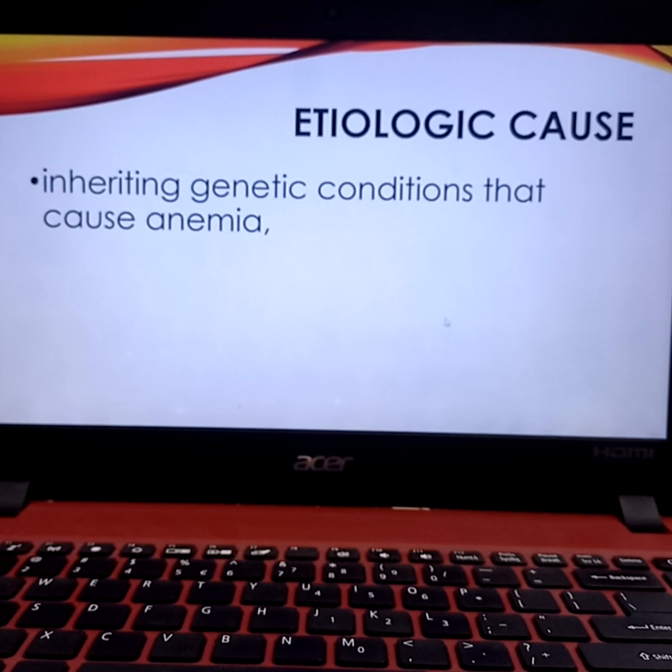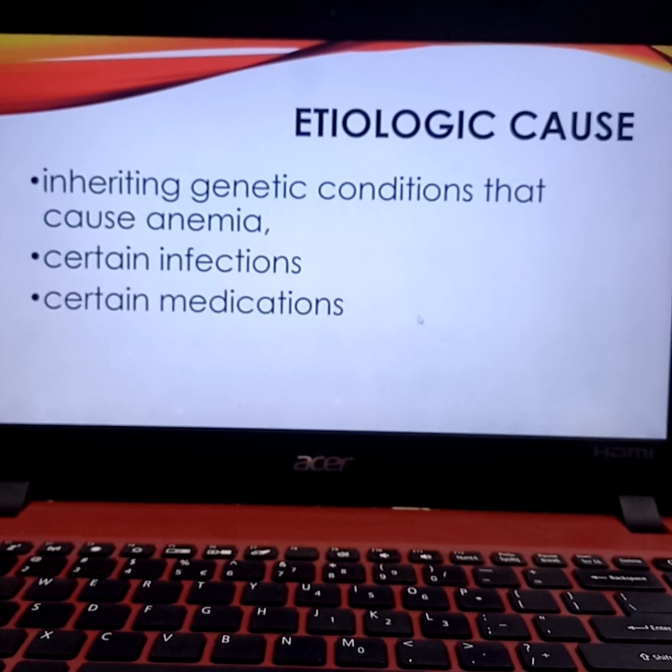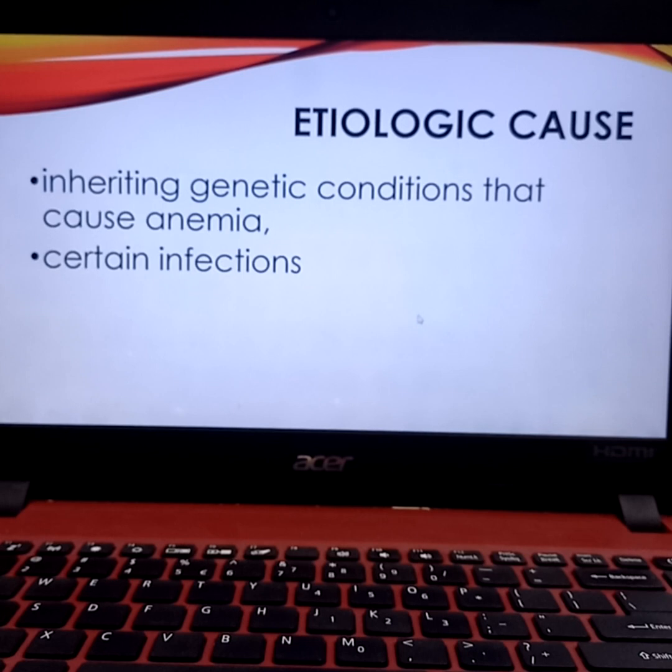Examples of these are sickle cell anemia, thalassemia, and G6PD, which are all examples of inherited types of anemia. Another one is certain infections. There are instances wherein you get infected by a virus or a bacteria, then you develop an infection, and the infection would actually lead to the destruction of your RBCs.